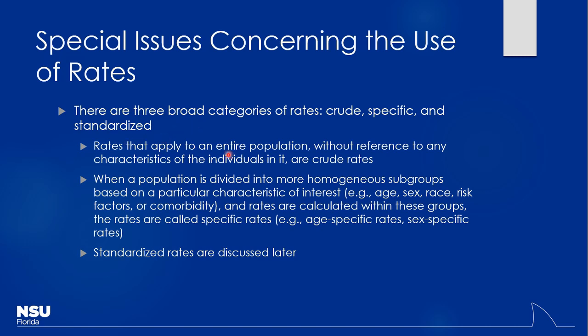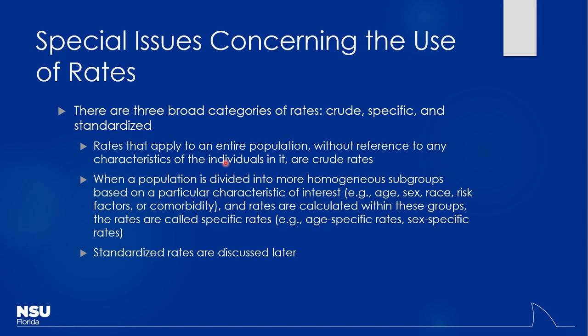So again, rates that apply to an entire population without any reference to a characteristic of the individuals in it can be the crude rate. So for instance, you could look at the entire population of the US to see what the rates of MI were, but then, well, what if you were to divvy it up based on male versus female? Think those rates would be different? Right, so that could be a sex-specific rate. See the difference? When you're looking at crude rates, you're looking at everyone, not adjusting for any factors there.